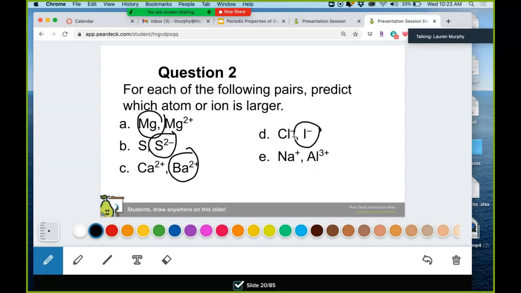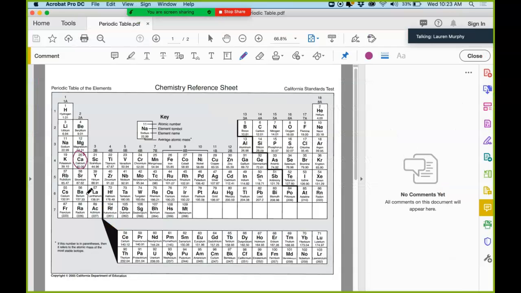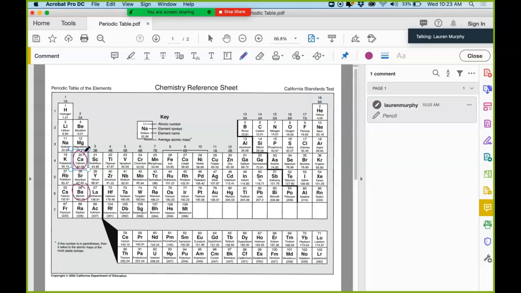So let's talk about these ions right here. I'm just going to use C as an example. Calcium ion and barium ion. So you go on here and you go, okay, calcium is right here and barium is right here. Now, +2 means calcium is going to lose 2 electrons to become, remember this word, isoelectronic with argon.